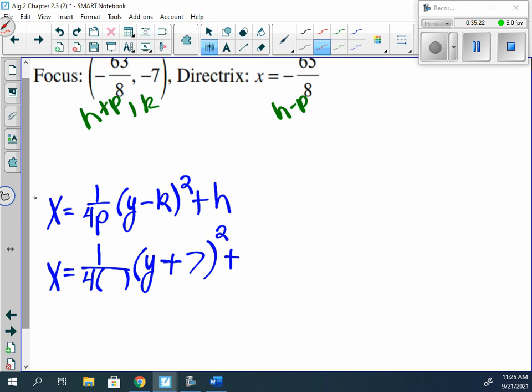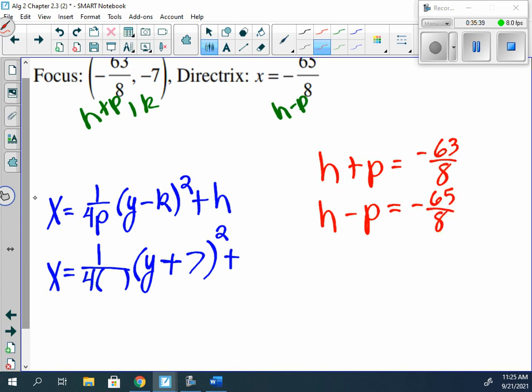But what do we know? I do know that h plus p is what? Negative 63/8. And what is h minus p? Negative 65/8. We have a system. I have two variables and two equations, yes?